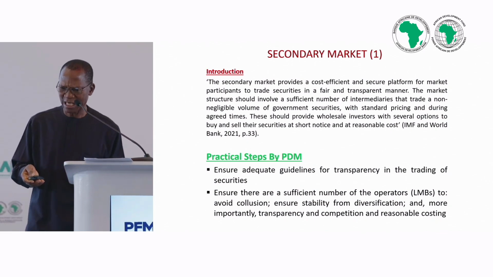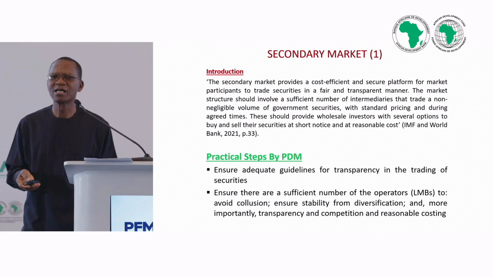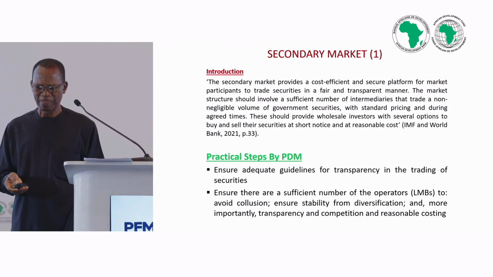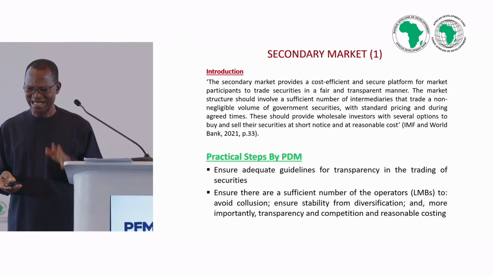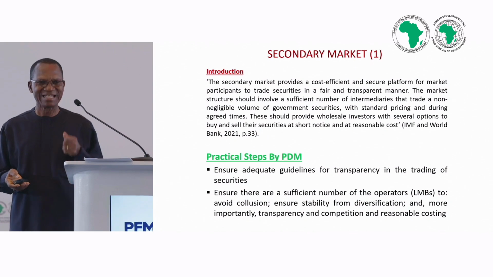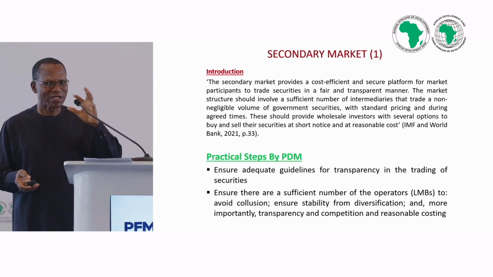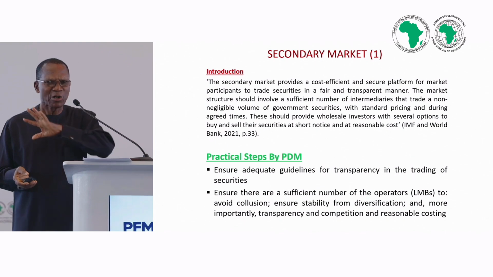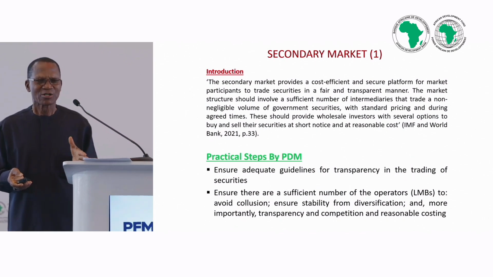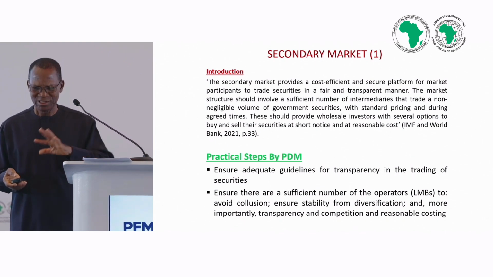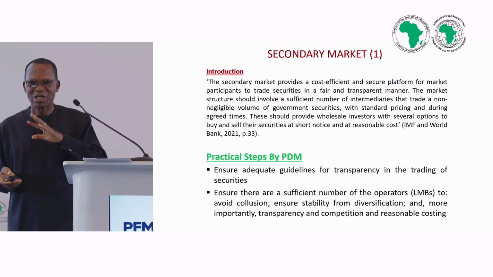So, what steps should the debt manager take? One, it will ensure that there are guidelines for transparency in the trading of the securities. People should understand what they're doing. Everybody will understand, it will be clear, nothing will be hazy. So there have to be guidelines that make sure that there's transparency.